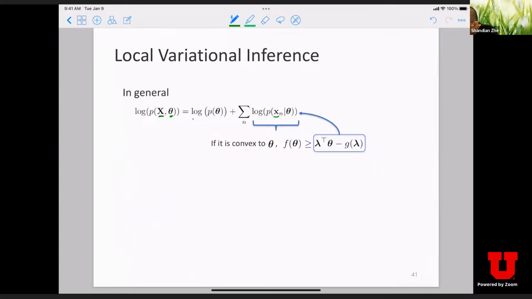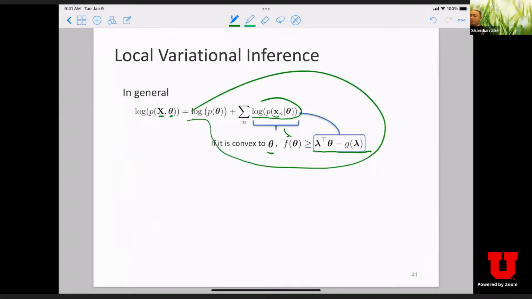If this log likelihood is complicated but convex in the latent random variable theta, we can seek a convex lower bound to f(theta), and replace this log likelihood by some linear function of theta only. Then we merge all those terms together to do the posterior computation.